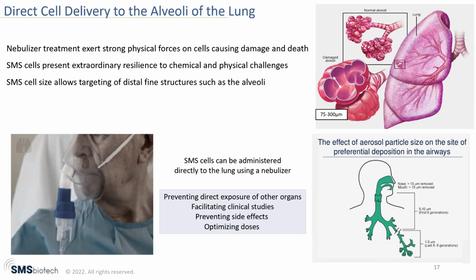Something that is unique to these cells because of their unique size and unique resilience, something that cannot be achieved with any other cell. So we will administer the cells directly to the lung and maintain the locality of the effect, so we don't lose cells to other organs. We can really concentrate the effect on the lung organ.